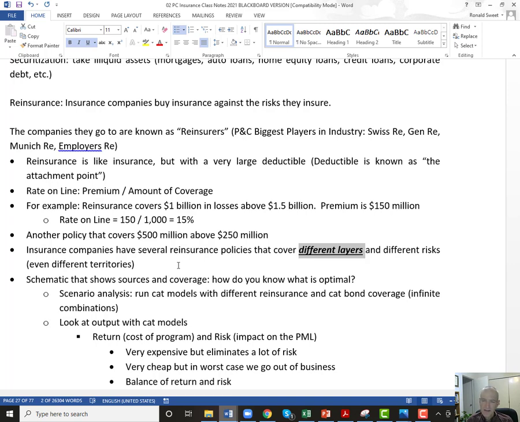So in some places you might have a reinsurance program, but Hawaii has their own special state-run pool. And so when you're looking at your reinsurance in Hawaii, you have to work around whatever the state is providing. So it can get quite complicated, state by state types of risk. So different territories, different risk.